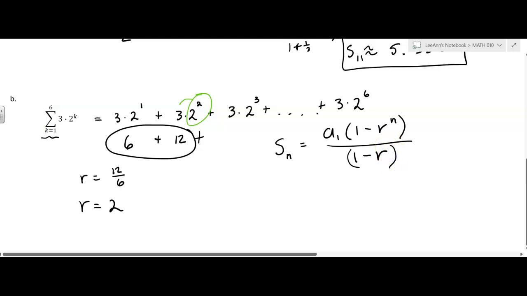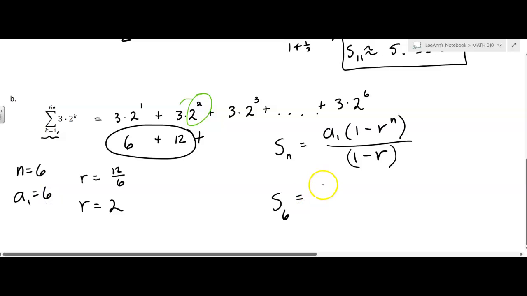Just in case you're like, oh, let me just use my calculator to do everything. So S sub 6, because n is 6, that's how many terms we're adding up from 1 to 6. And we know the first term, a sub 1 is 6. And we know r, so I think we've got everything.